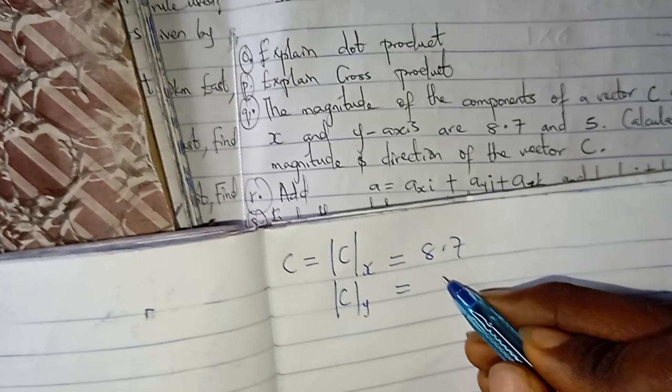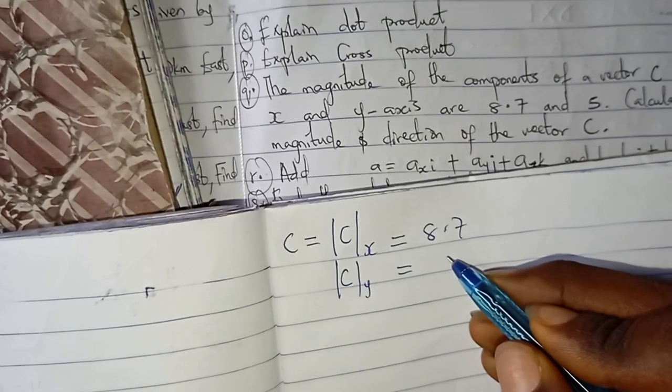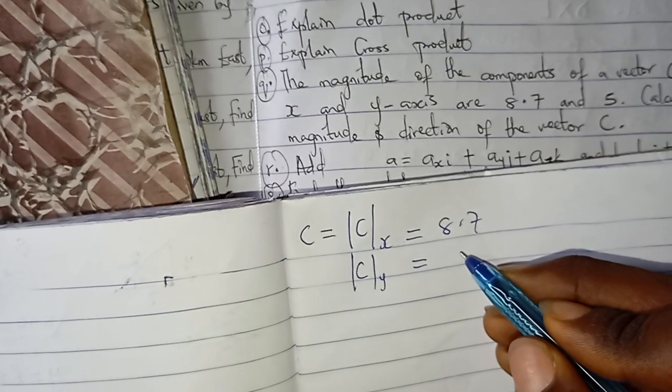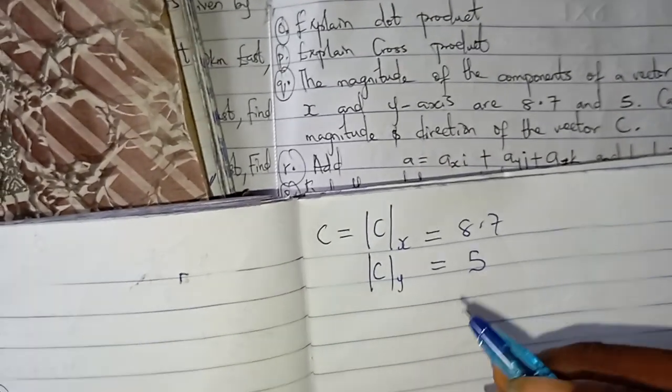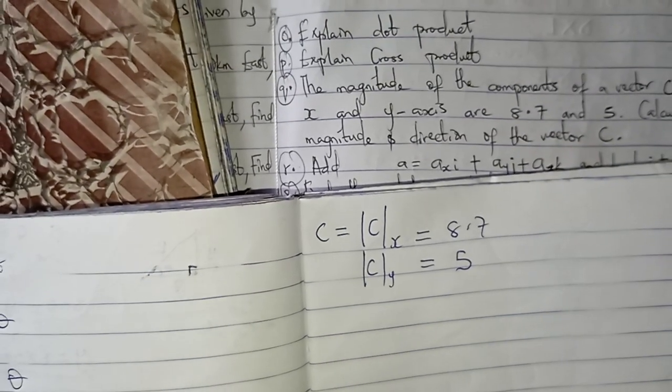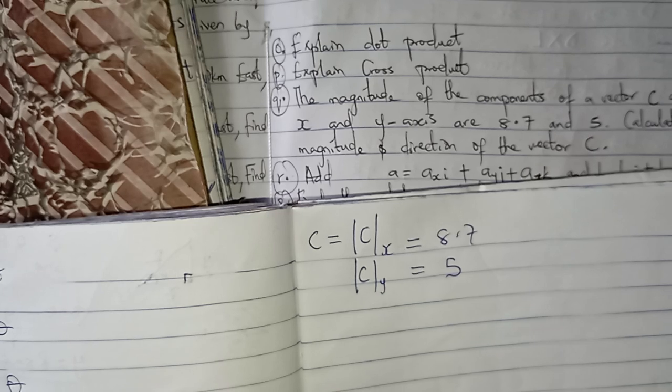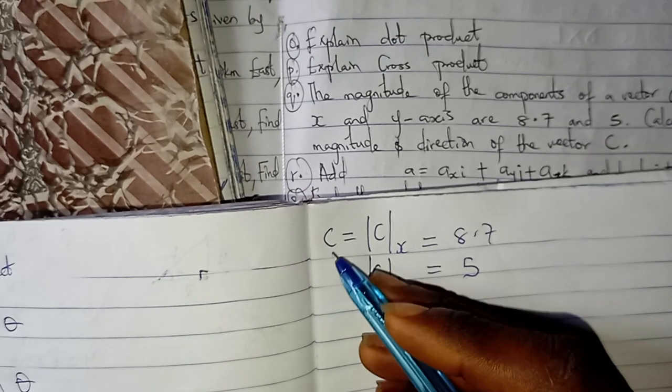I told you another name for magnitude is value or size. That's why in mathematics you see absolute value, they represent it with this. Let's say it's 5. Then it says calculate the magnitude and direction of vector C.